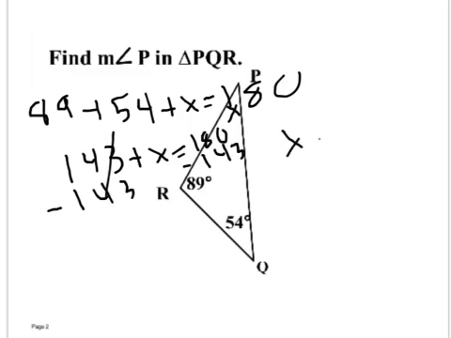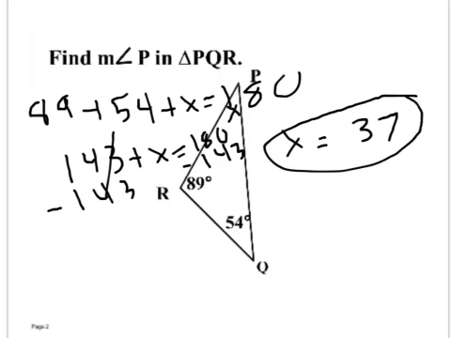What is 180 minus 143? 37. Could I add 89, 54 and 37 and see if it equals 180? Yes, it will. So the measure of angle P must be 37 degrees. And don't forget the degree sign.